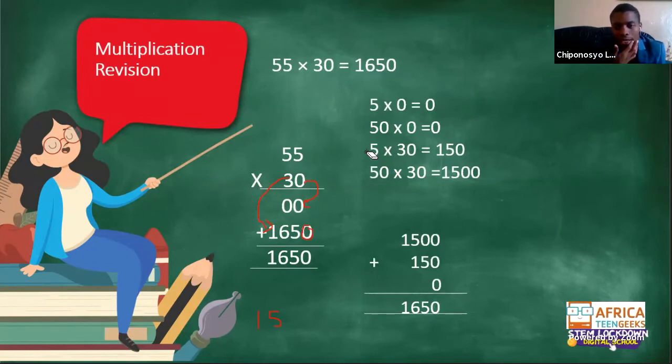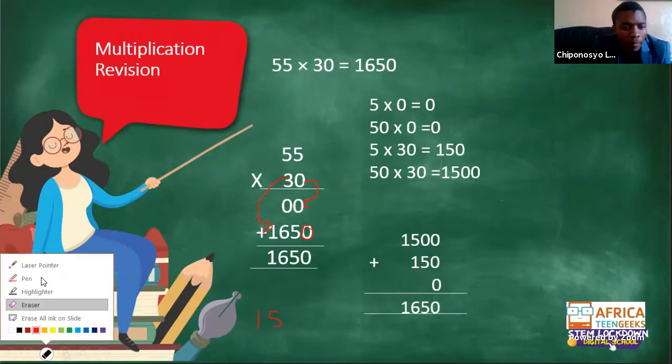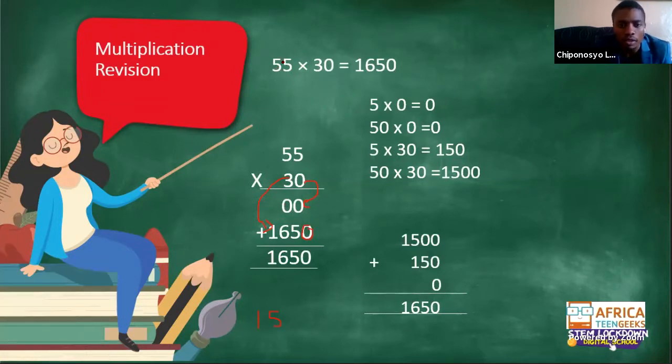Because I see that you guys do understand the part where we take 55, we split it, then we multiply. While you're writing it down, I'll explain. If we look at that part, one part it's 50 times the 0, and the other part it's 50 times the 30.